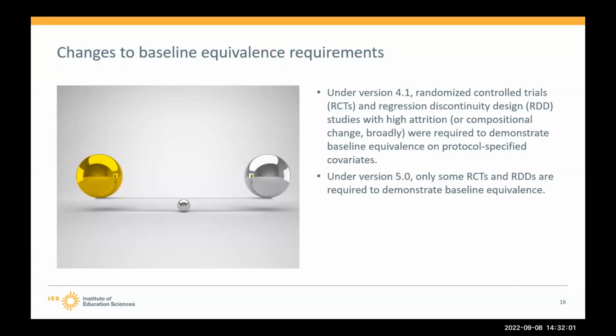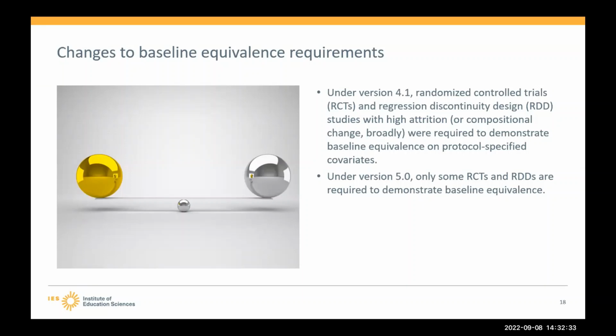So one of the bigger changes to the WWC standards in the new handbook is when a demonstration of baseline equivalence is required in order for a study finding to meet standards with reservations. So in earlier versions of the standards, randomized controlled trials and regression discontinuity designs were required to demonstrate baseline equivalence if those designs were determined to have a risk of bias due to compositional change, such as from attrition or joiners.